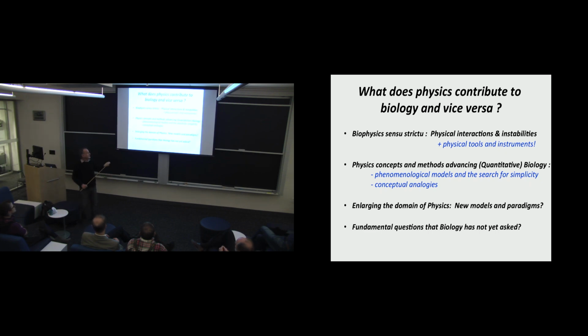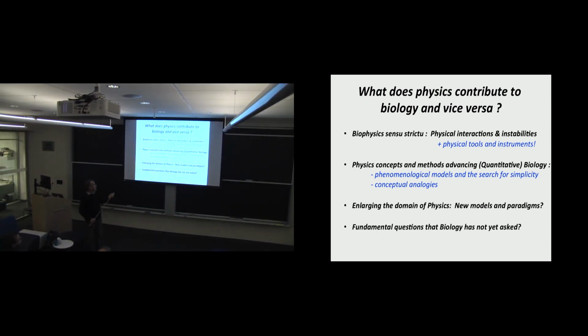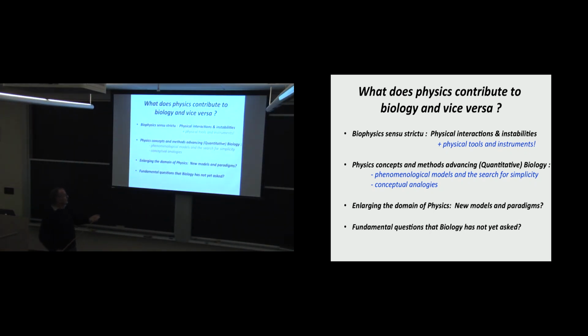I would call this biophysics in the strict sense. Biology is using, of course, physical interactions and instabilities to do its business. And not to be overlooked, a very important contribution of physics is actually developing all these tools and the instruments that our biology friends use.